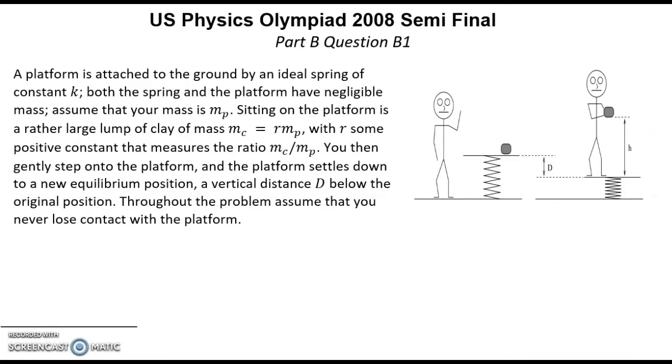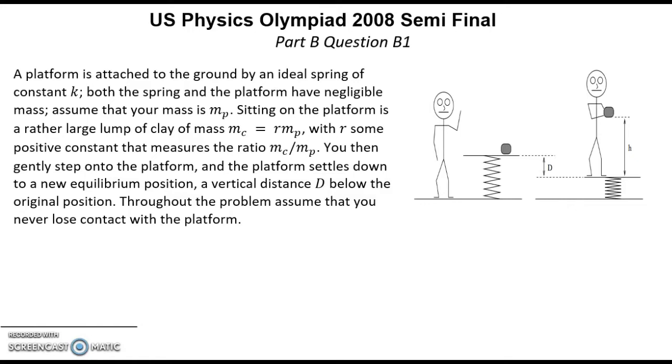Part B, problem B1. A platform is attached to the ground by an ideal spring of constant K. Both the spring and the platform have negligible mass. Assume that your mass is mp. Sitting on the platform is a rather large lump of clay of mass mc equal to r mp, where r is some positive constant that measures the ratio mc over mp.